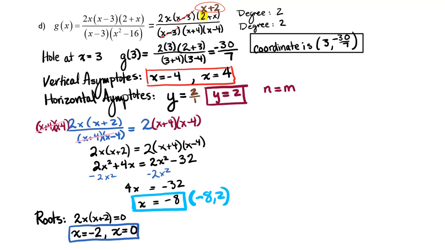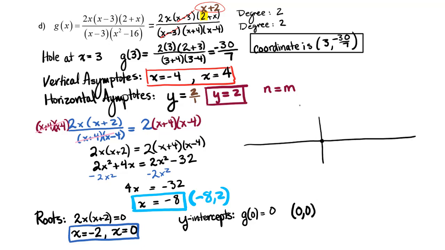I'm also going to check for where my function will cross the y-axis. These are my y-intercepts. So my y-intercept will be when x equals 0. So this will be (0, 0), because if I put 0 in for x into my original function, the numerator will be 0. So my y-intercept is at (0, 0).